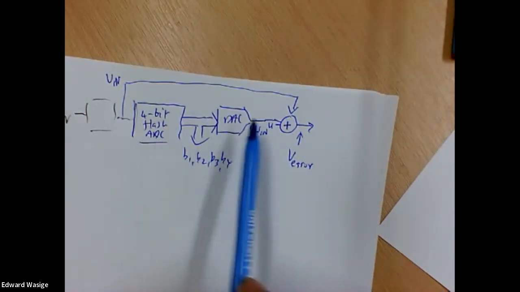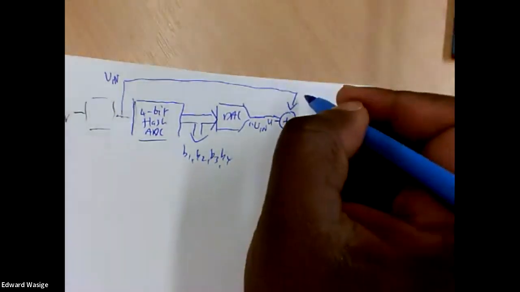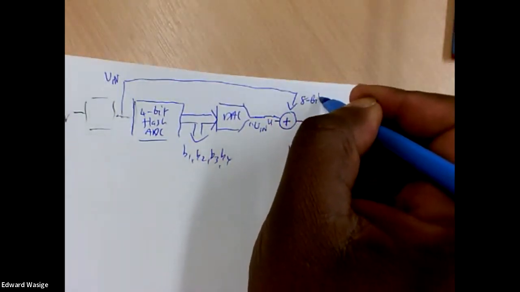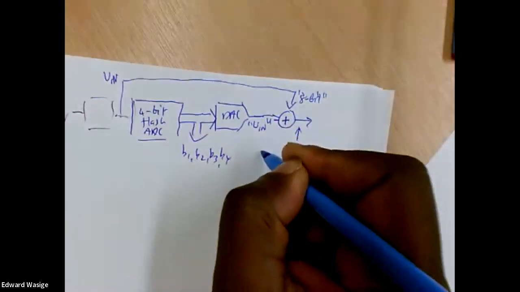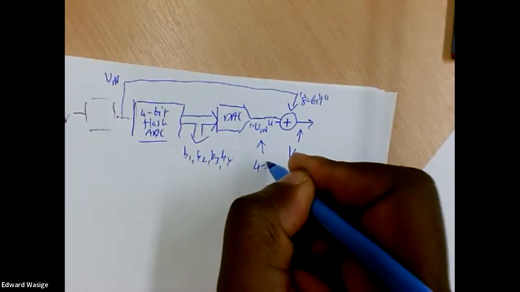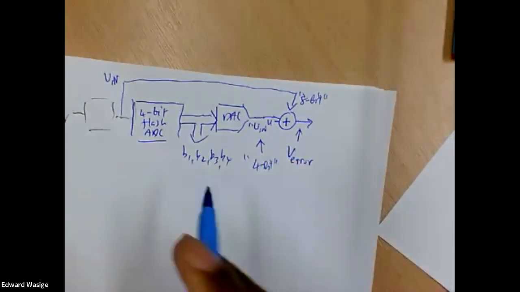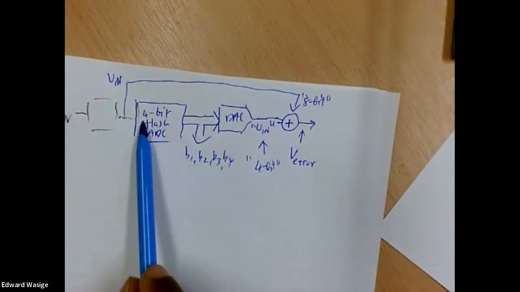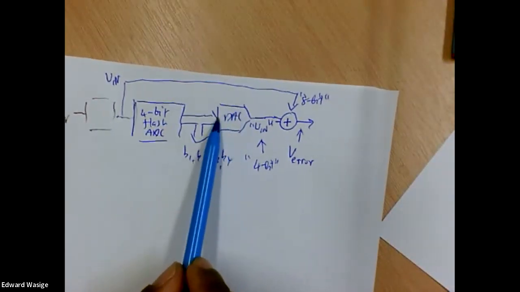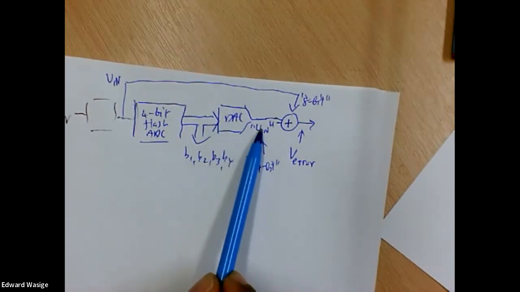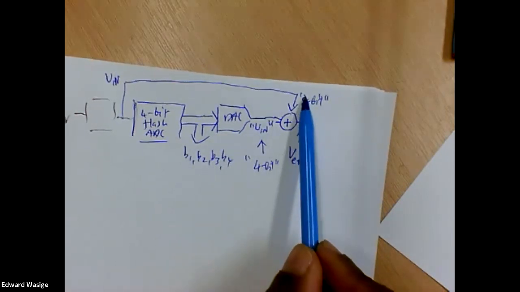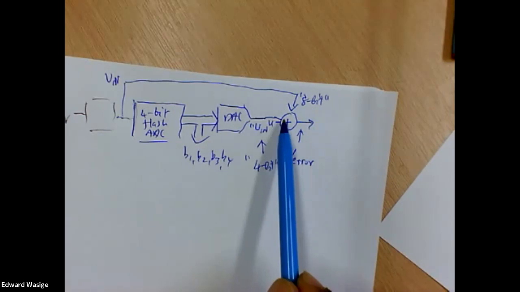We've approximated, we want to represent this with the 8 bits. The approximation there is 4 bits from the first ADC. So we approximate it with 4 bits. We get the analog equivalent. The original sampled voltage is 8 bits.